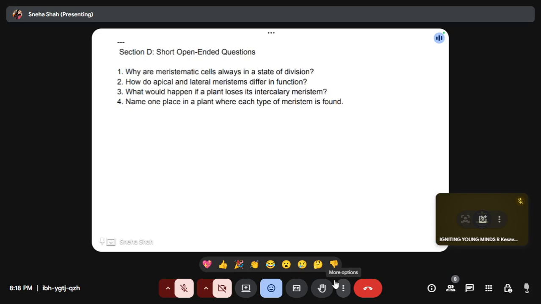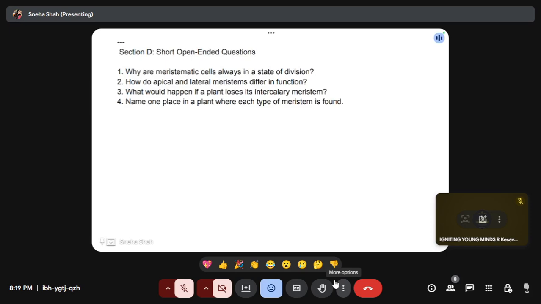Name one place in a plant where each type of meristem is found. Apical meristem is found in the root and shoot of the plant. When you talk about apical meristem, please mention the tip of the root and tip of the shoot, because it is present only at the tips.